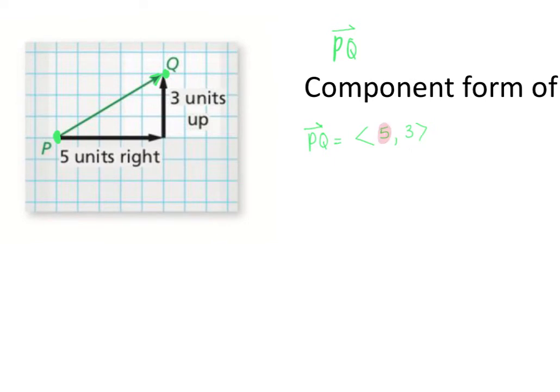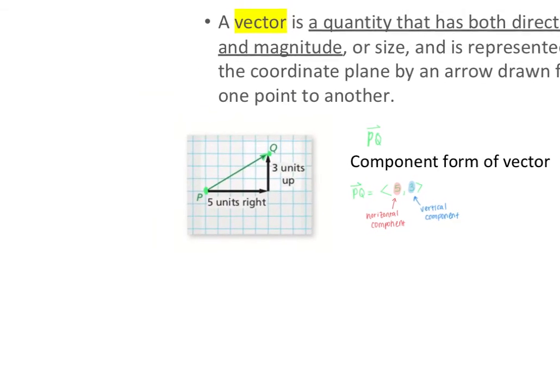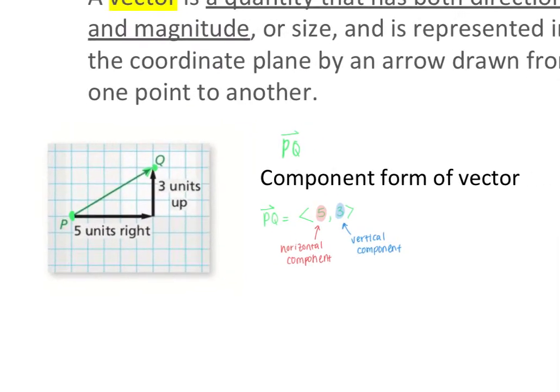So this first 5, make sure that you recognize this is our horizontal component. And then the blue is our vertical component. All right. And that's what's called component form.